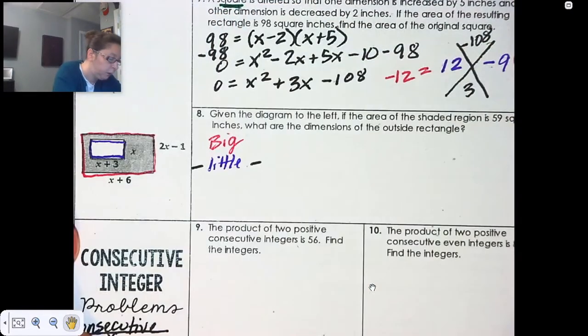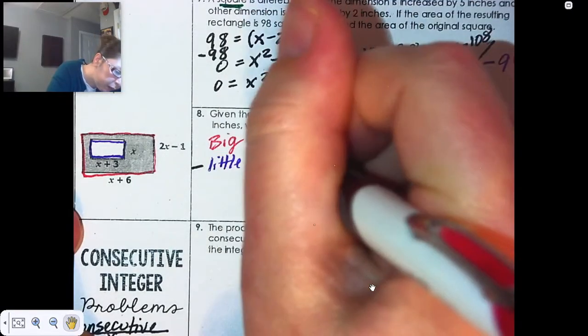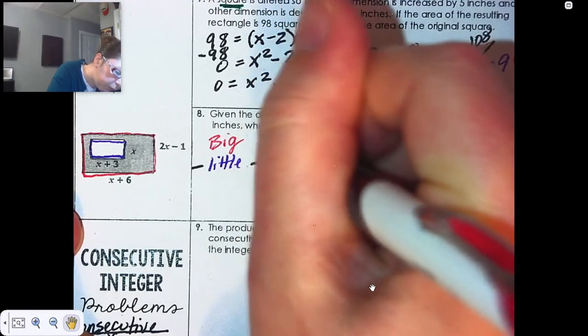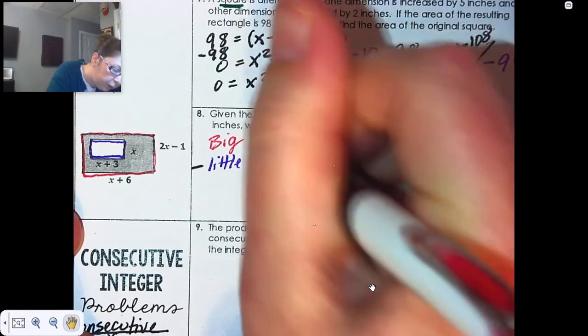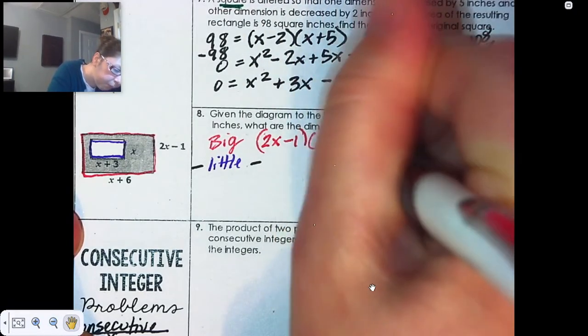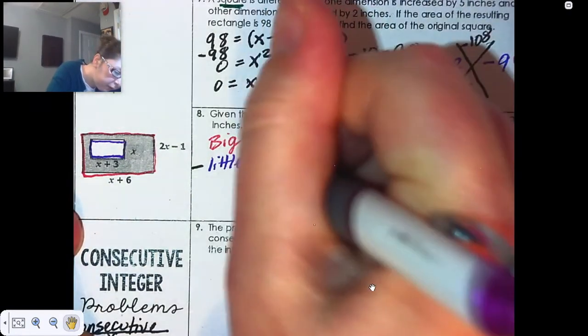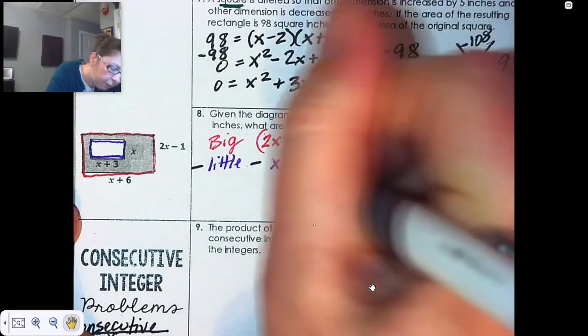Okay? So the big rectangle is 2x minus 1 times x plus 6. And the little rectangle is x times x plus 3.